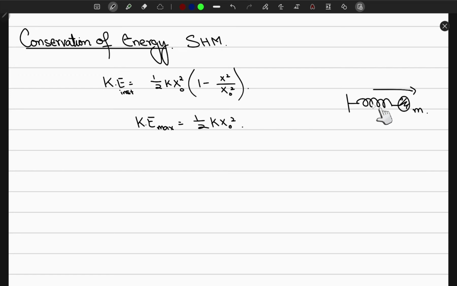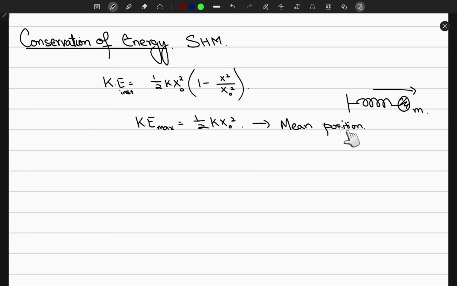And when it's coming back towards its mean position, at that time all of that potential energy is converted to kinetic energy, and hence the kinetic energy at the mean position would be maximum, right? Okay, so that's the kinetic energy, which is maximum, and it's at the mean position.